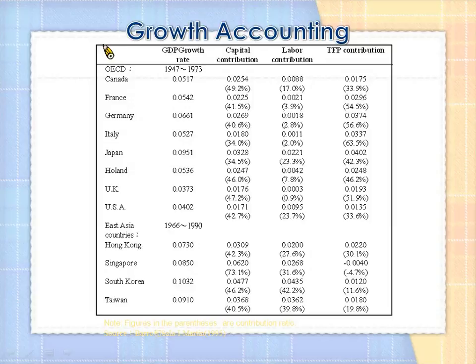And as for total factor productivity, its growth is much smaller than the growth of the inputs. Even worse for Singapore, the growth of total factor productivity is negative. The negative sign for Singapore is mainly because Singapore relied hugely on foreign capital.